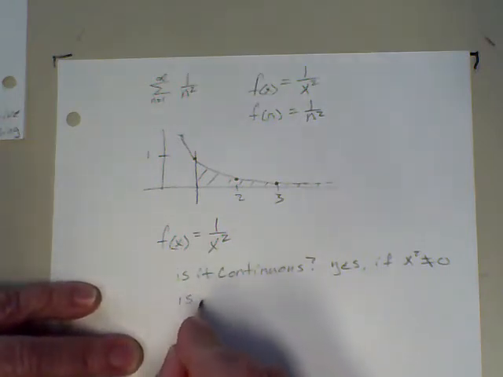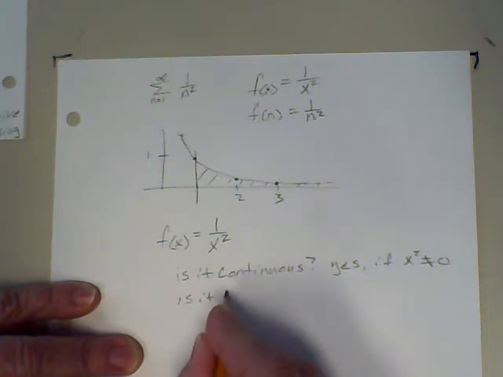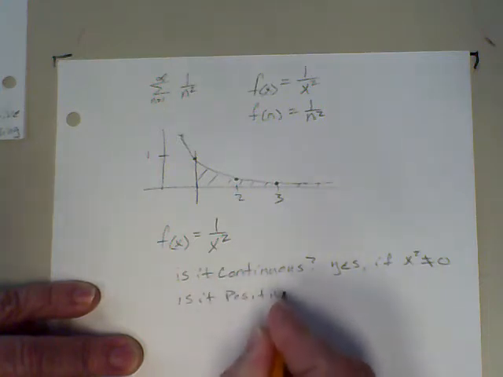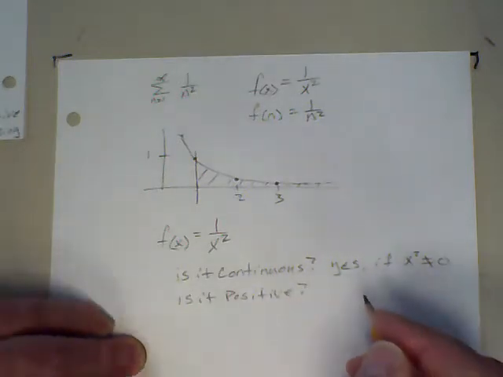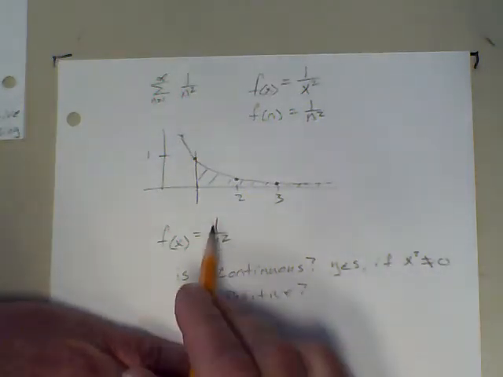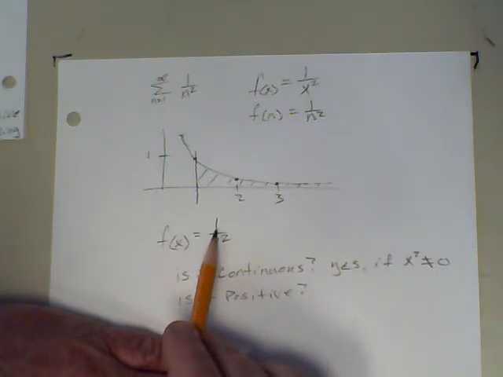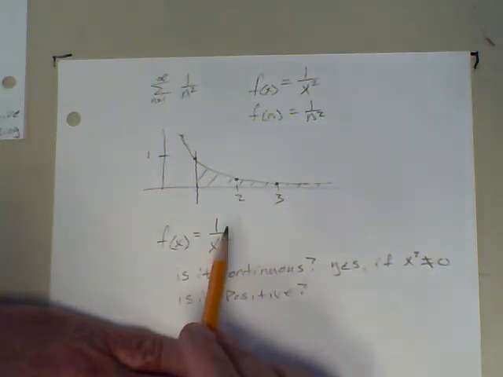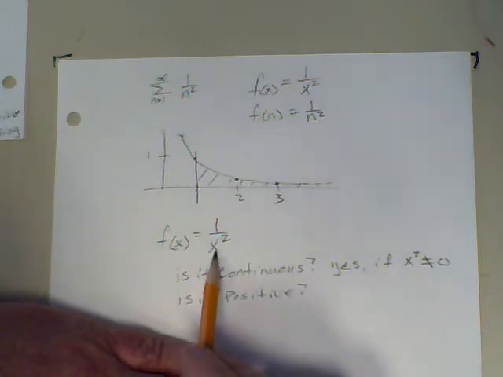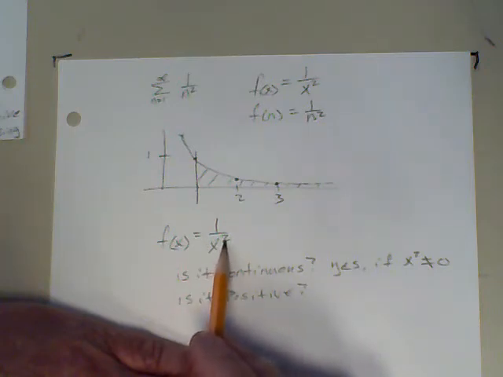Now, is it positive? That's our next thing that we have to check. Okay, and when we take a look at 1 over x squared, we see the numerator is positive. There's no sign in front, so we have a positive numerator. The value in the denominator, x, is being squared, and we know that any value that gets squared is positive.